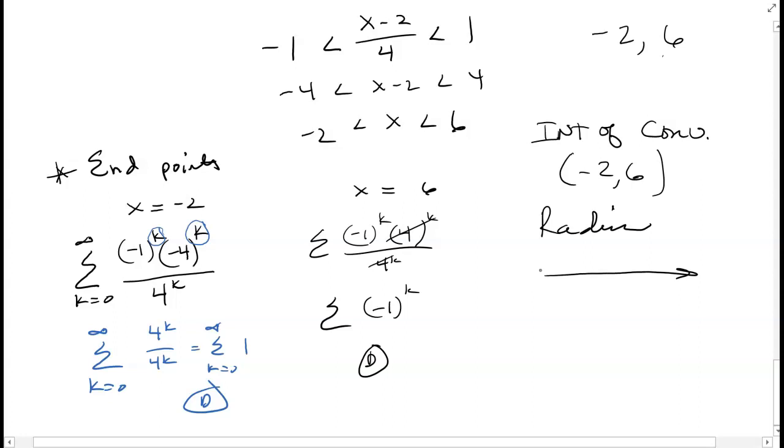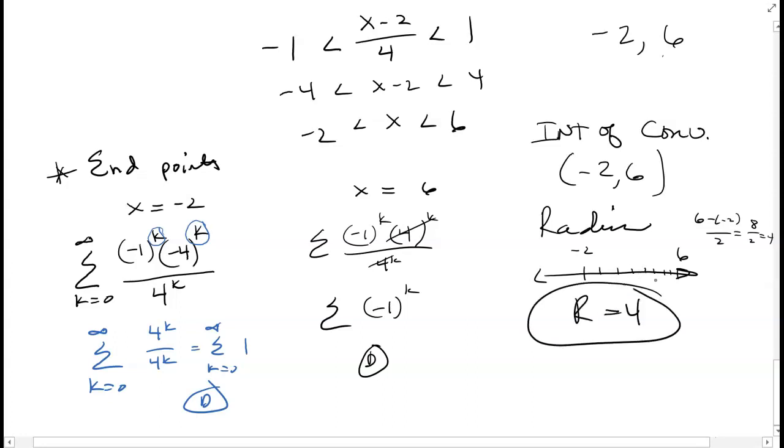So there's a couple ways. If you put it on a number line, you have negative 2, negative 1, 0, 1, 2, 3, 4, 5, 6. It's going to be the center. The other way of doing it is 6 minus negative 2 divided by 2, which is 8 over 2 is 4, and you can see 4 is right in the middle. So your radius is 4.